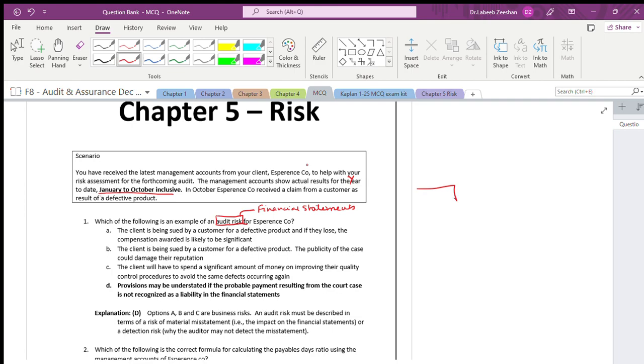We are talking in terms of audit risk, and the second is what? Aisha, Fatma, Mehta... Business risk. You mean business risk? Business risk.